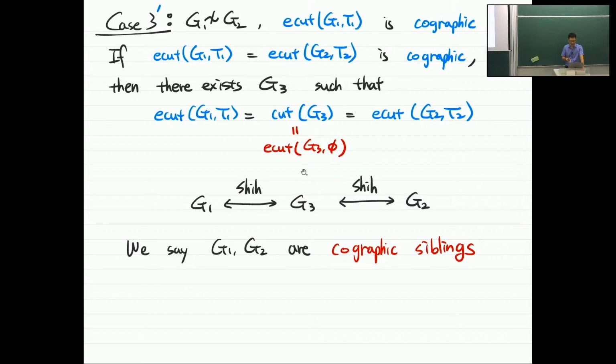If it is cographic, there is a graph G3 such that the cut matroid of G3, which is the dual of the cycle matroid, is the same matroid as the even cut matroid of (G1, T1) and (G2, T2). So again, we can apply the pairing theorem twice. In this case, we say that G1 and G2 are cographic siblings.